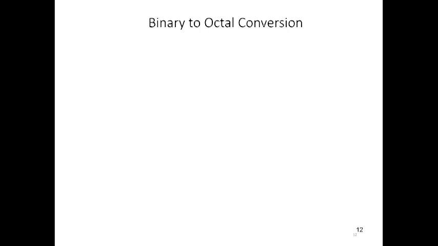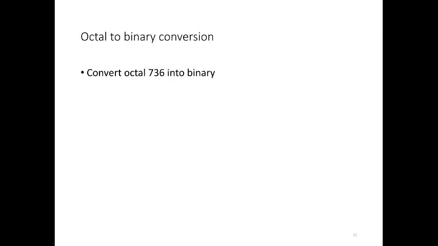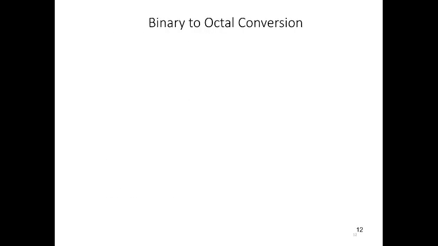In the octal to binary conversion, they gave us an octal number, which we wrote in the form of 3 bits each. Here they won't give an octal number; instead I'll have some binary number, something random like this.